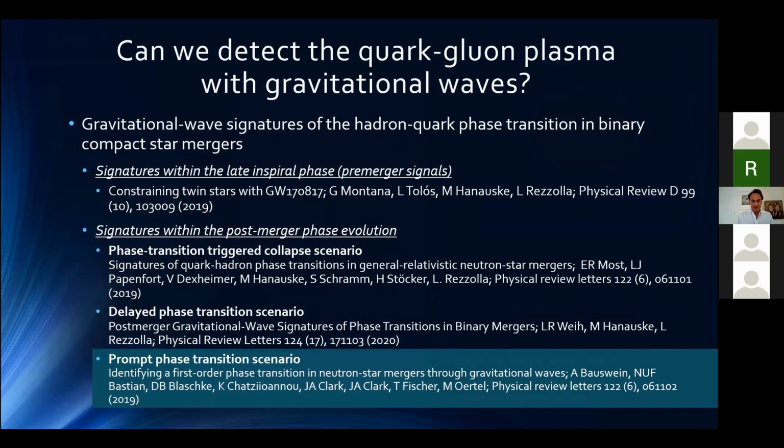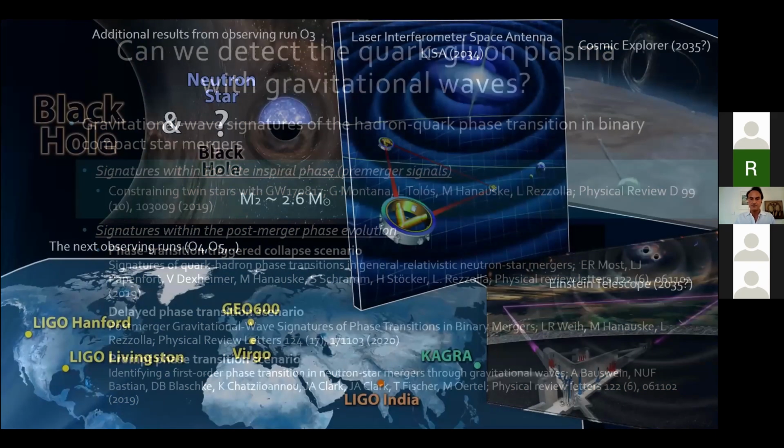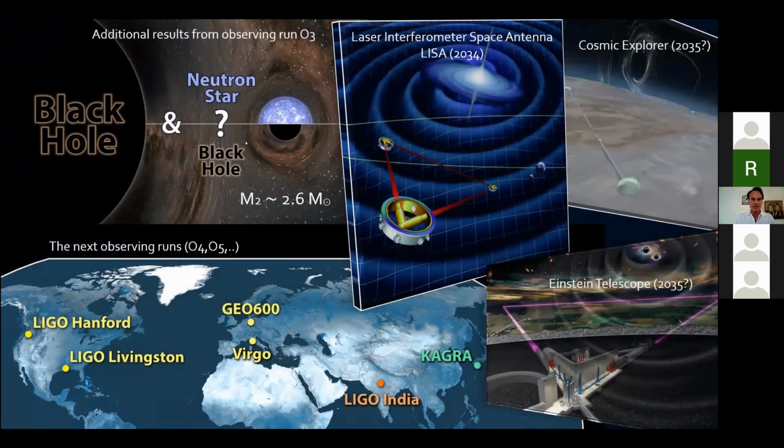About the prompt phase transition, I think Andreas Bauswald will talk, and I did not have time to talk about the signatures within the inspiral phase, but there, when one would have, for example, a twin star structure, there are also good signatures for us to detect the Hadron-Quark phase transition. So this is my last slide.